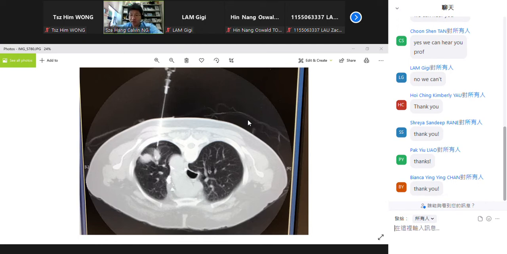And once into the trachea, which is of course this structure here, this black structure here in the middle, you can use the ultrasound to look around the area of the trachea and the carina here in order to identify the lymph nodes that you suspect may harbor metastasis. And with the needle, you can deploy it to biopsy that.